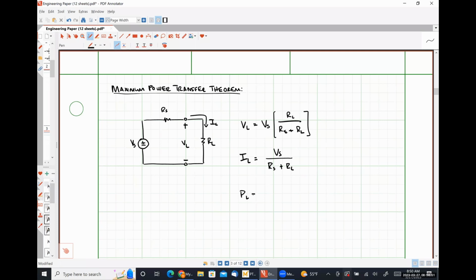The power absorbed by our load resistor is then just the product of VL and IL, which is going to be VS squared times RL over RS plus RL quantity squared.